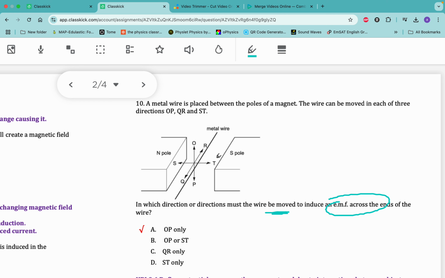Obviously we're going to eliminate options. QR will be eliminated because we have to choose the direction that represents a perpendicular motion, which is OP.